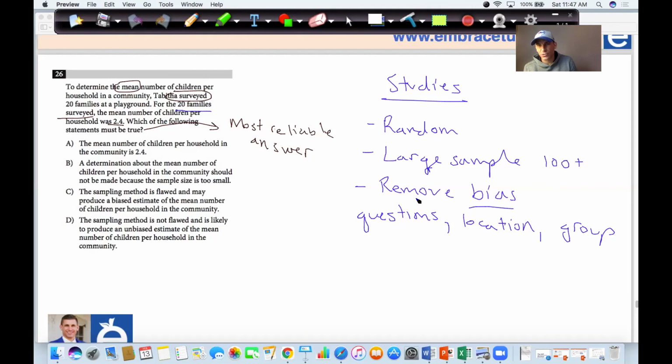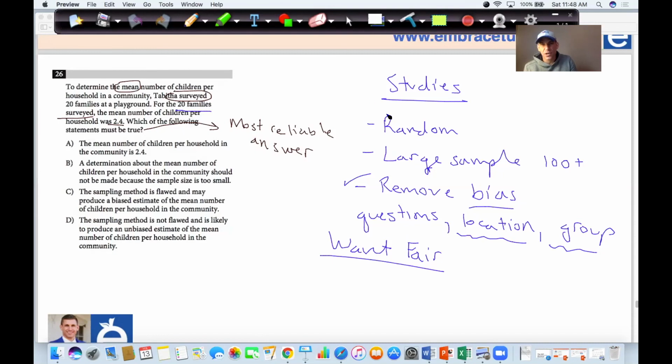So if I wanted to conduct a fair survey of how many people love the Philadelphia 76ers, the place I would not go is a Sixers home game. Because I am immediately eliciting bias in terms of the type of people I'm asking and the location where I'm going, okay? That's what I mean by eliciting bias, putting bias into the sample.